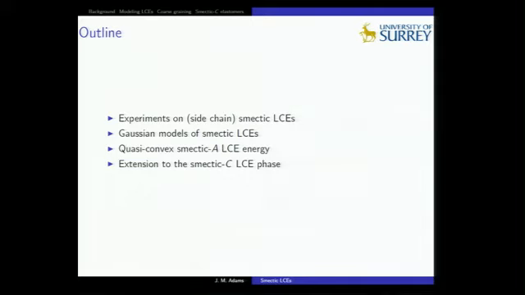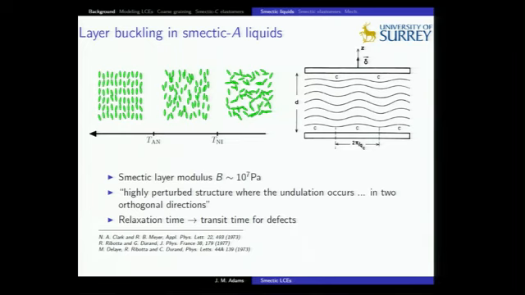Then I'll talk about Gaussian models of these smectic elastomers and how we can calculate their relaxed energy, so we can minimize the energy over the various microstructures that you obtain when you stretch them, and then briefly talk about some extensions to the smectic C phase.